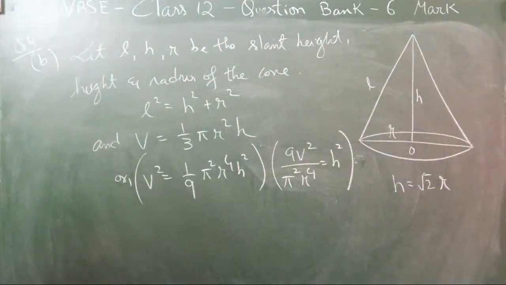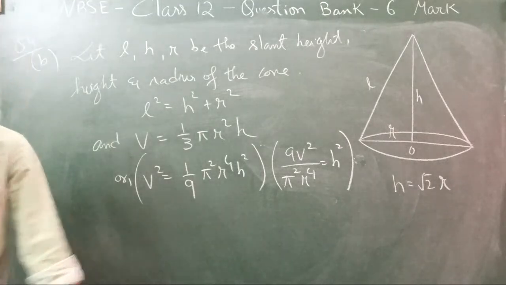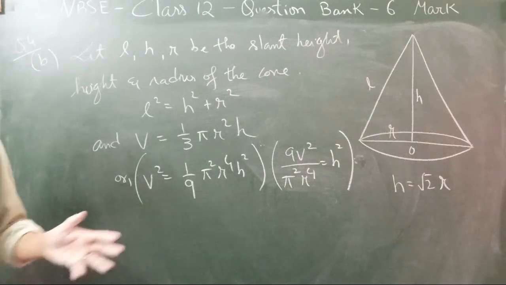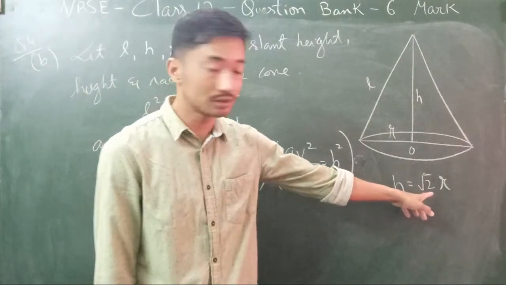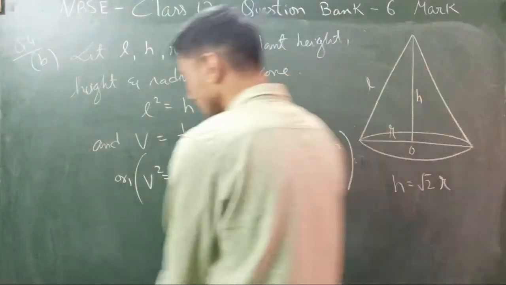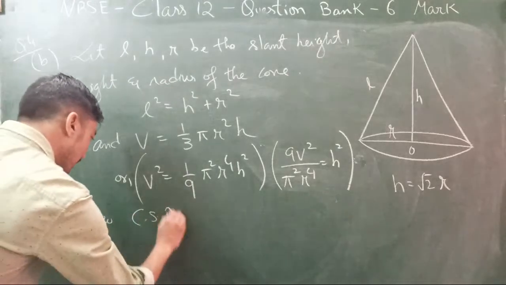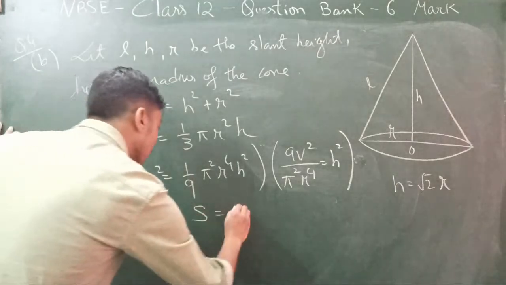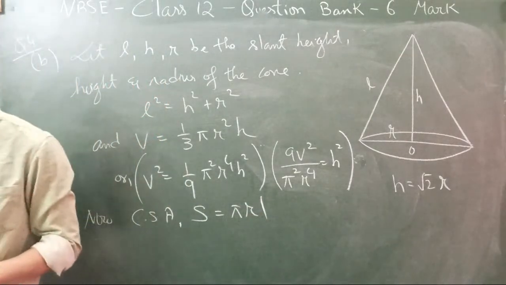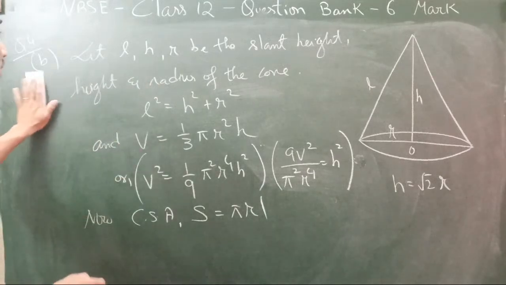So anyway, let's begin. Now what are we supposed to prove? We are supposed to prove that the surface area is minimum when H is equal to root 2 times R. So now, curved surface area, let's say S, will be pi R L. So now we will have to solve this.